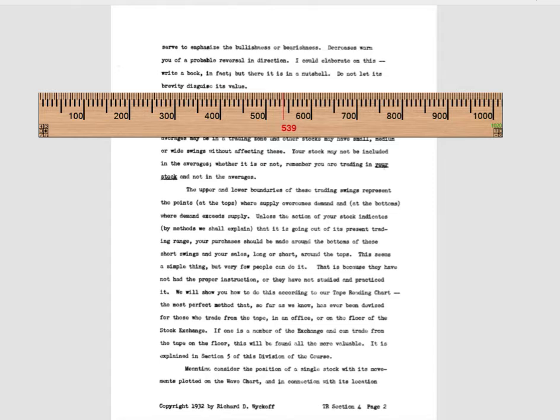So if the prices are going higher and the volume is increasing, it's emphasizing the bullishness. If the prices are going higher but the volume is decreasing, it's telling you to watch out for a reversal in direction. There's another way of looking at this, in my opinion. There are certain turning points that occur on low volume, and certain turning points that occur on high volume.